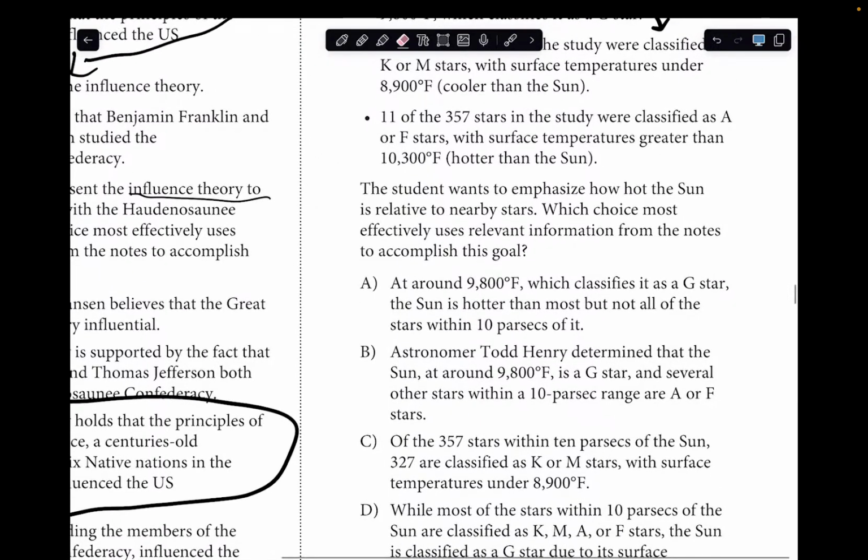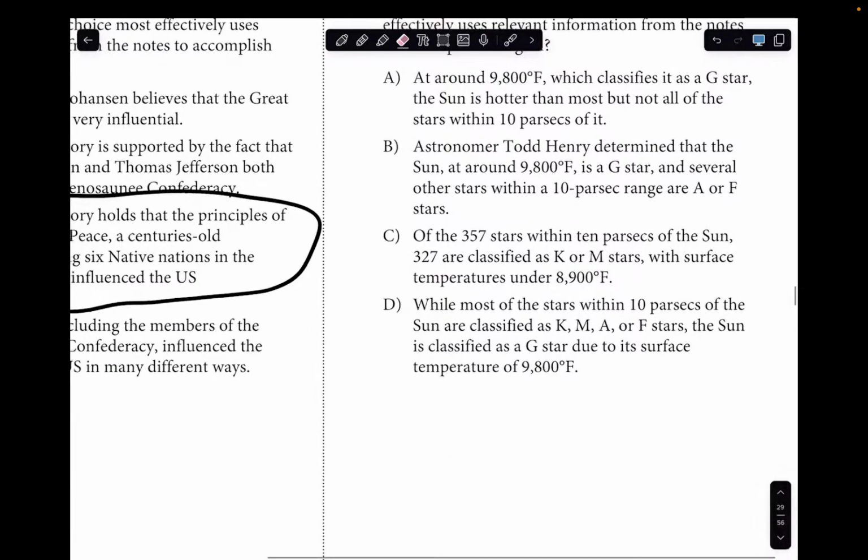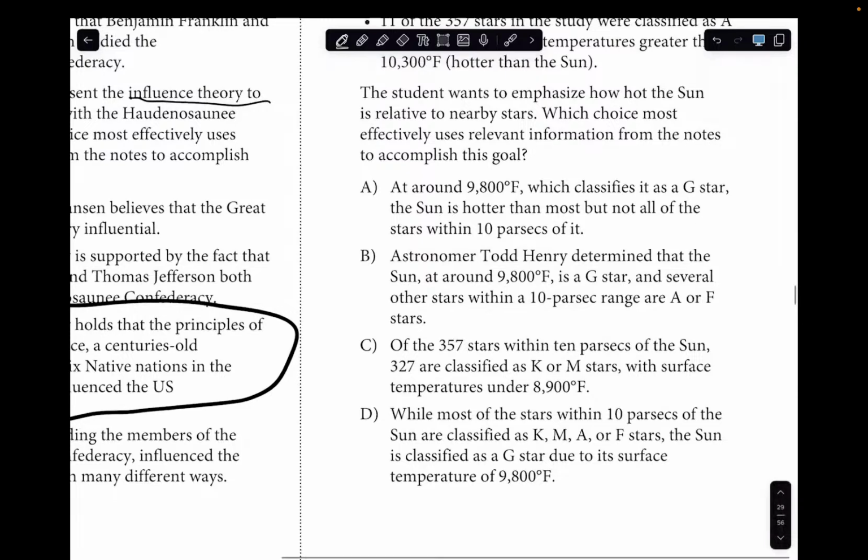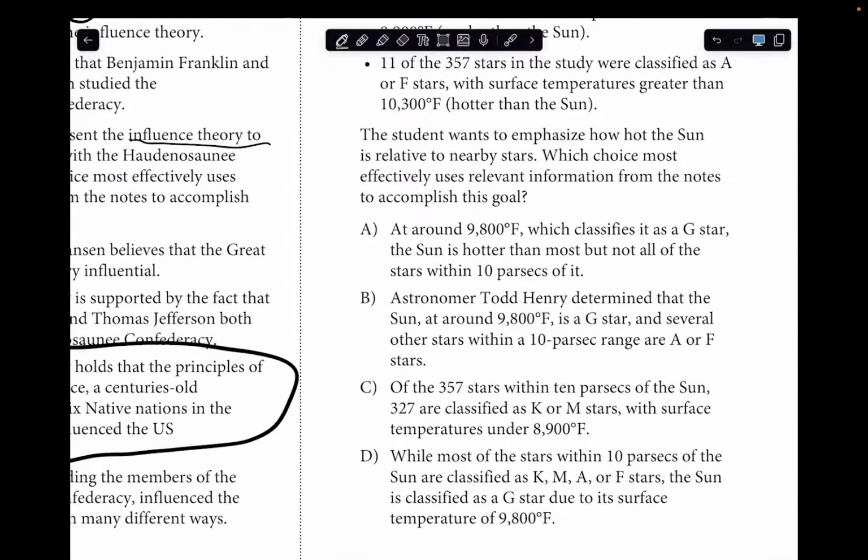Oh, how hot the sun is. Sorry, I was rushing ahead of myself. They're talking about the temperature of the sun. So that would actually eliminate most of the stars within the study. I need a comparison. So that eliminates D. I don't see a comparison in C.